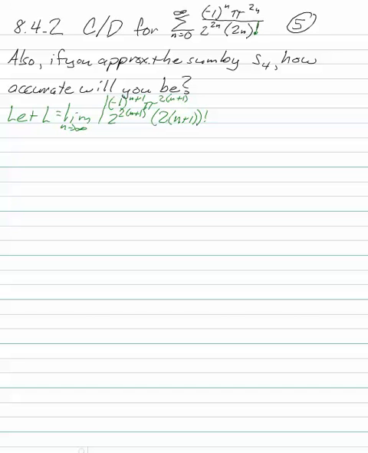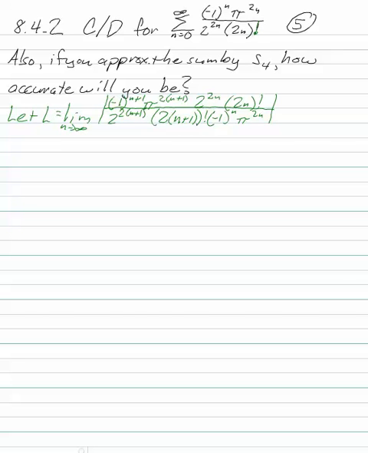Then you flip it and rewrite the formula: 2 to the 2n, 2n factorial, negative 1 to the n, and pi to the 2n in absolute values. And that's a fraction. Now, we should simplify all those out.